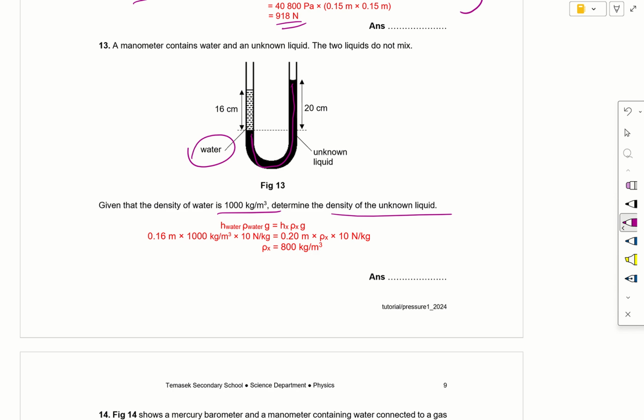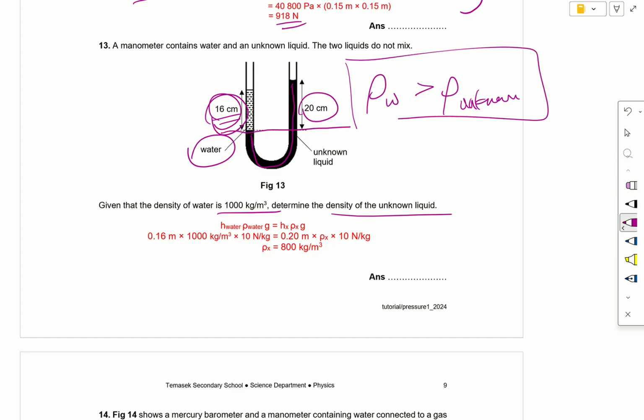You can see that the density of water is greater than the density of the unknown liquid, because applying same liquid, same level, same pressure, for the water I only need 16 cm versus 20 cm of the unknown liquid. So the density of water must definitely be greater than the unknown liquid. We'll use this to check our final answer.